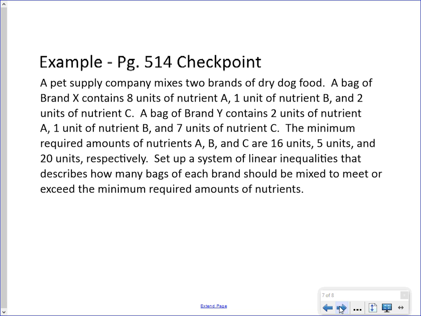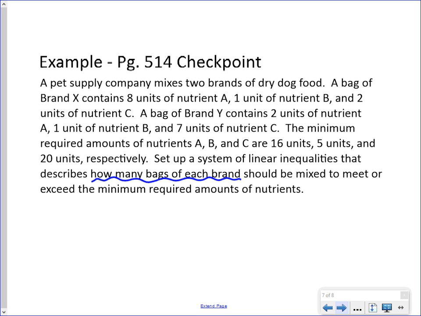Let's check in. Let me first ask this question. What are they asking me to find? How many bags of each brand? So that means your variable should be what? Should your variables be the nutrients or the bags?